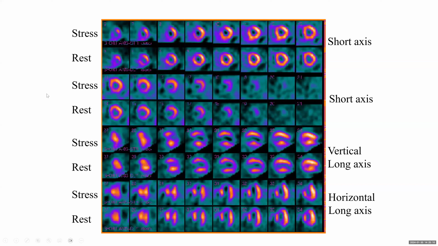Mid to distal LAD and RCA. I guess the apical area and septal apical areas is scarred with no reversibility on perfusion there.